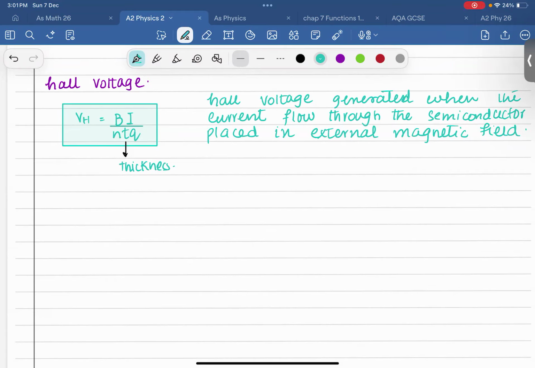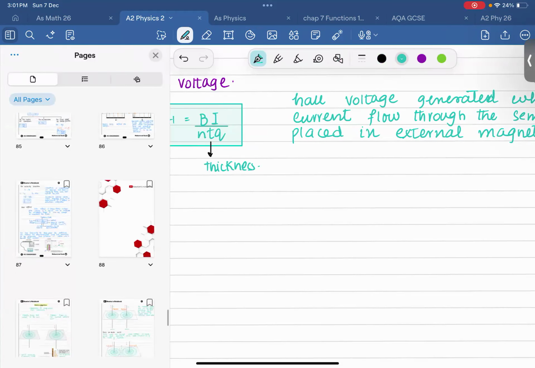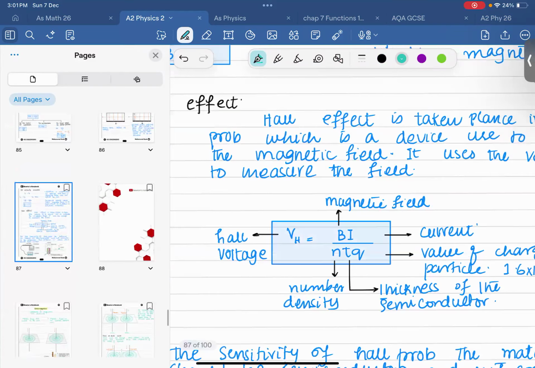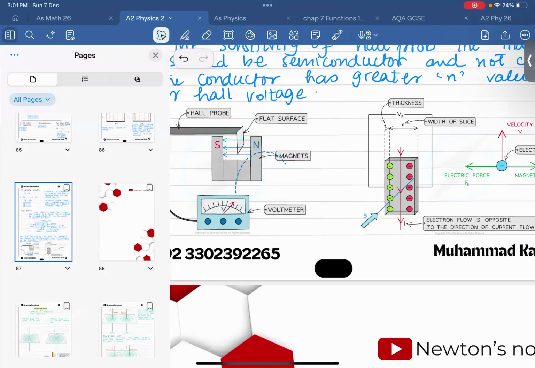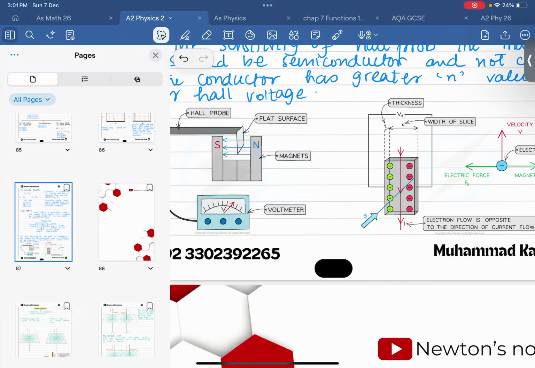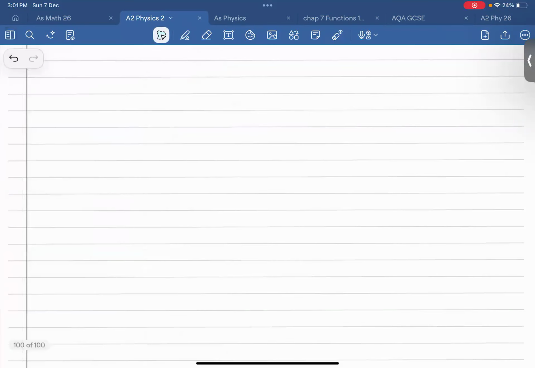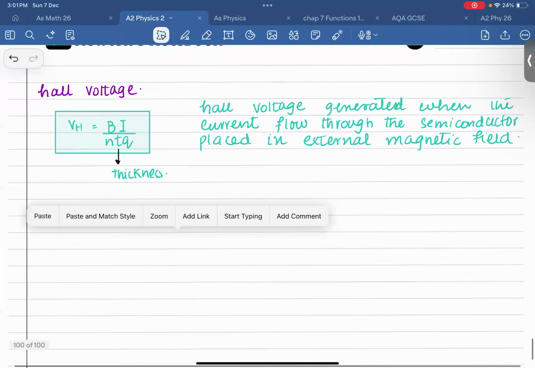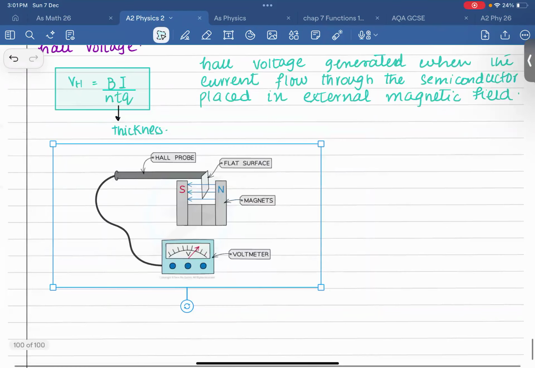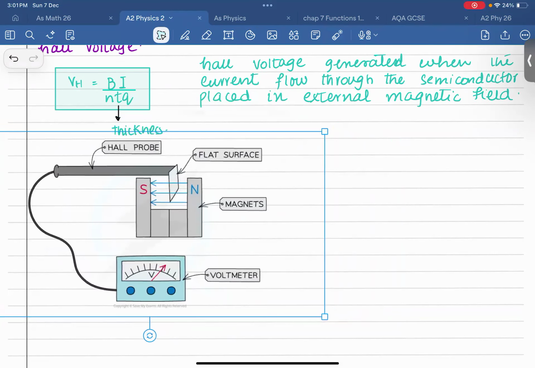Okay, and for the sake of understanding or memory, I can just bring this thing for you right here. This is the Hall probe, by the way.